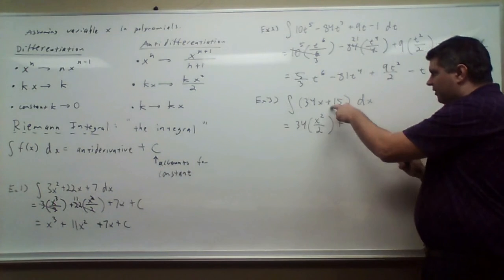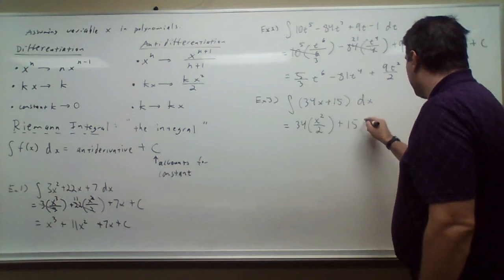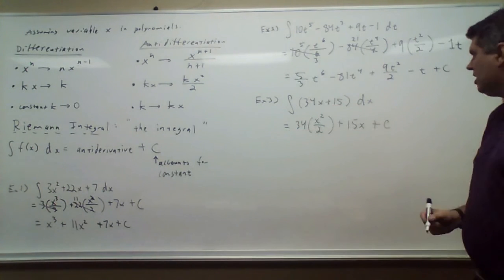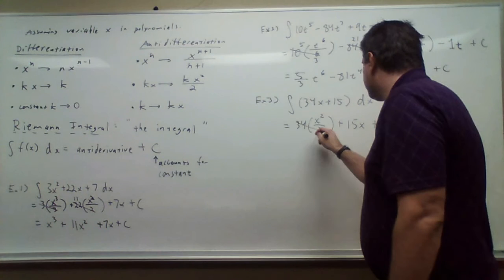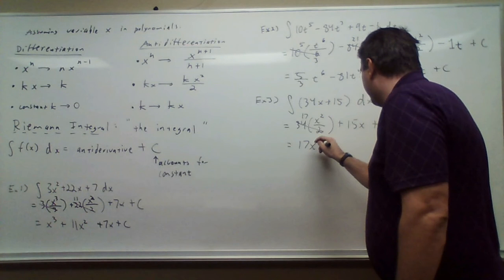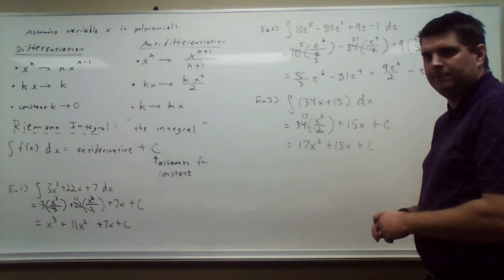Plus the antiderivative of the constant with respect to x would be the constant times x. And don't forget the capital C, to account for any constant that might be there. So 34 divided by 2 is 17. So we will have 17x squared plus 15x plus c.